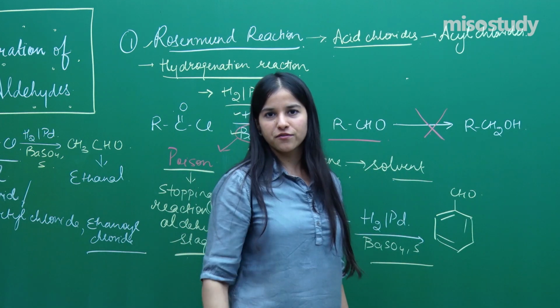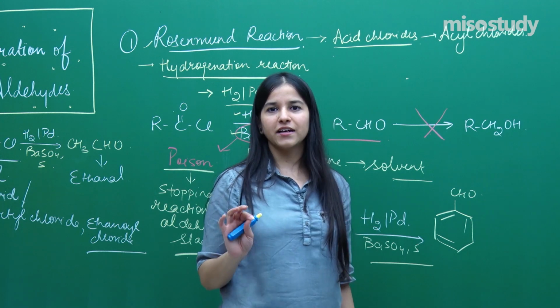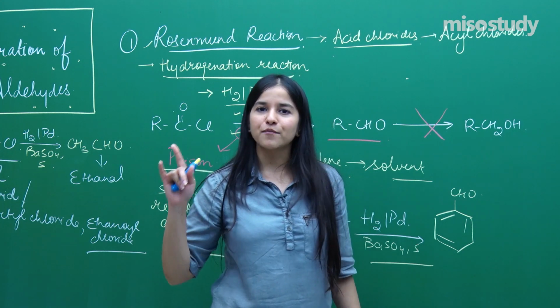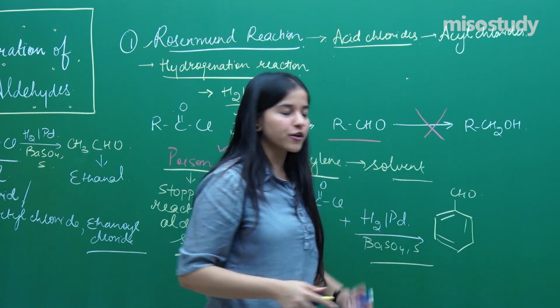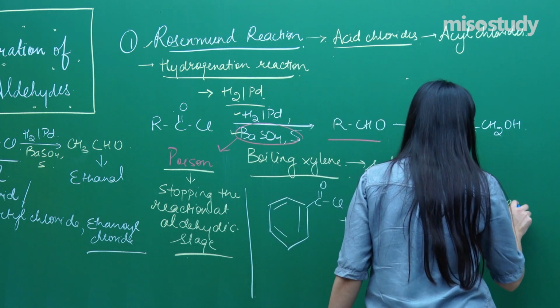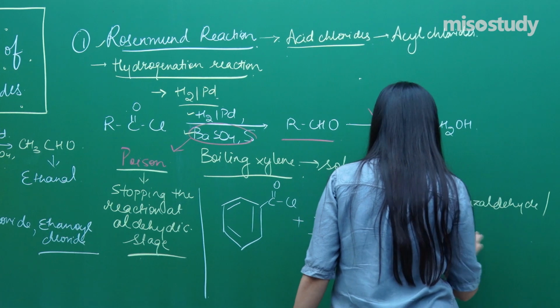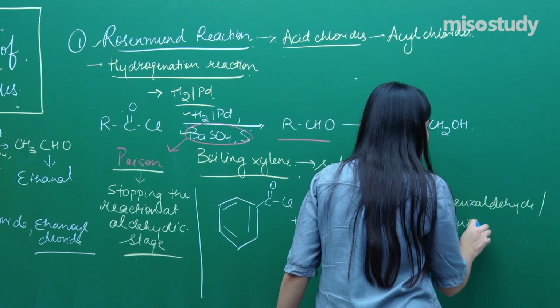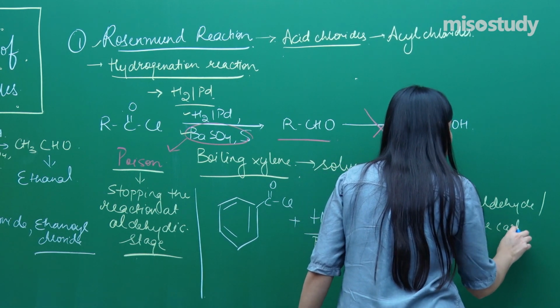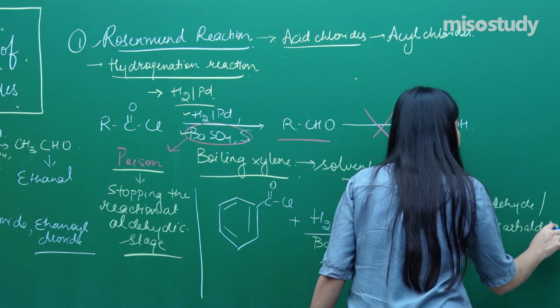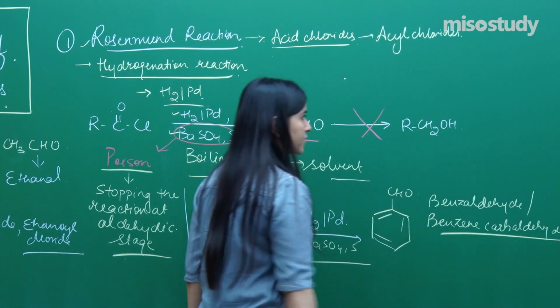Tell me two names of it, not just benzaldehyde. Benzene carbaldehyde is also a possible name for it. So it's benzaldehyde or benzene carbaldehyde, right? So that is also a possible name for this compound.